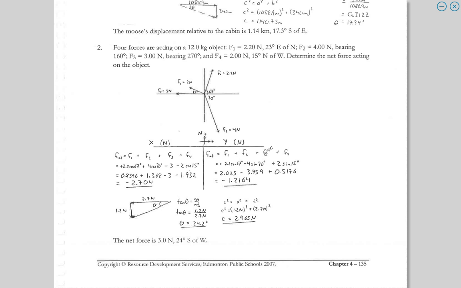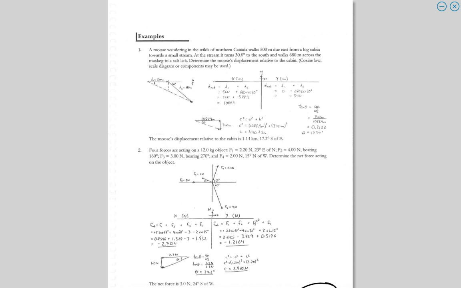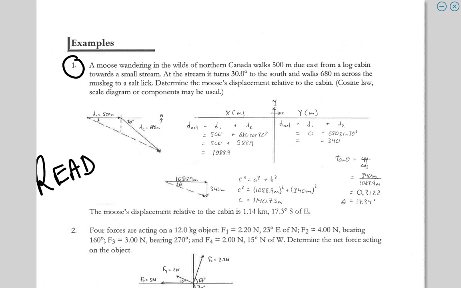Page 135. Page 135. You can read this example here, question 1. Notice how they split. Okay, they're going to do the sum on x over here. They're going to do the sum of y over here.